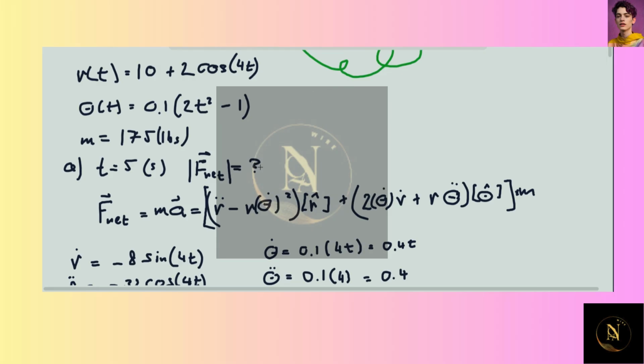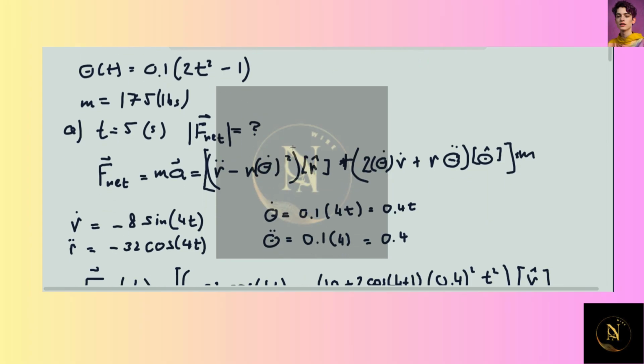It is r double dot minus r times theta dot squared, acting in the radial direction, plus 2 times theta dot times r dot plus r times theta double dot, acting in the tangential or theta direction, times the mass of the pilot.